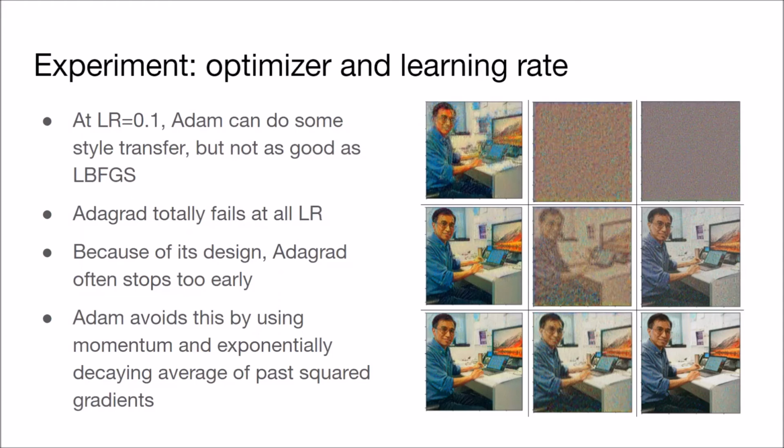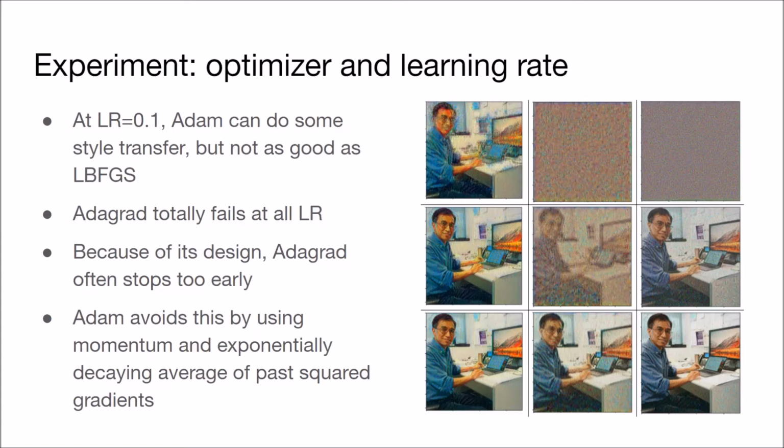And this is probably due to the design of Adagrad. It keeps a sum of all of the gradients in order to slow down more quickly when the gradient is steep. But this leads to it often stopping too early before even reaching the minimum.